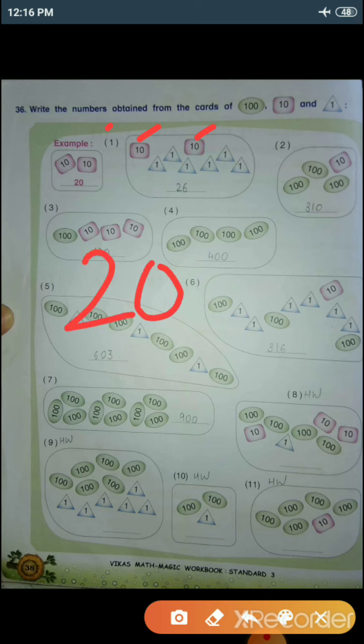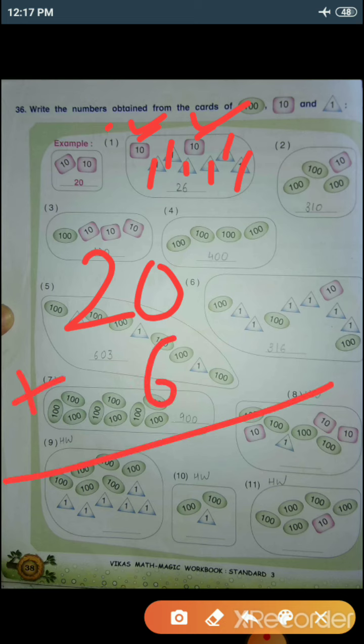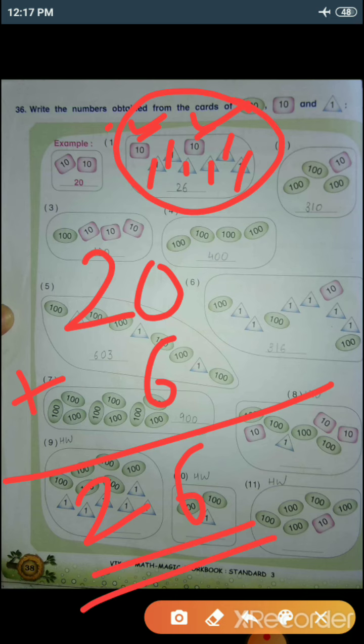Now count the 1s: 1, 2, 3, 4, 5, 6. So there are 6 ones. Let's add these numbers: 0 plus 6 is 6, and 2. So the total of this question is 26.